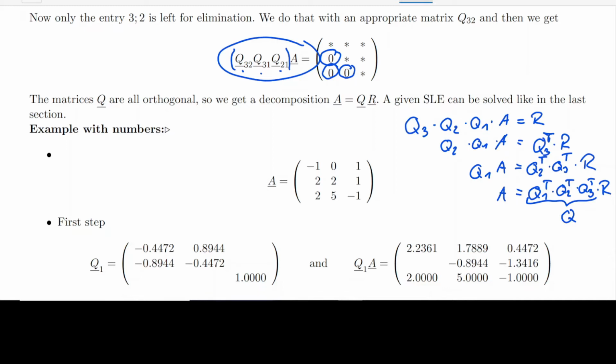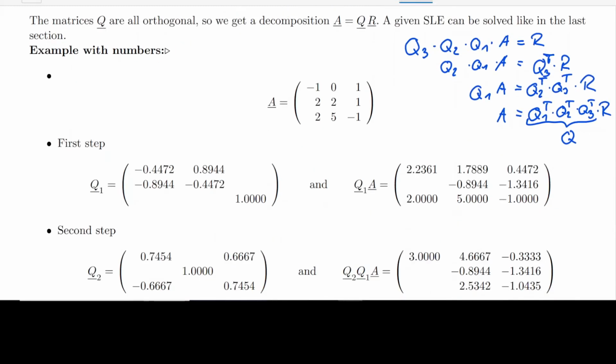Here in the script I have an example, and I did not care about the odd numbers, and so this is the example. First consider -1 and 2, square them, 1 plus 4, take the square root, 5, then take -1 divided by square root 5, -1 divided by square root 5, and here 2 divided by square root 5, and -2 divided by square root 5, and apart from that, use identity matrix structure.